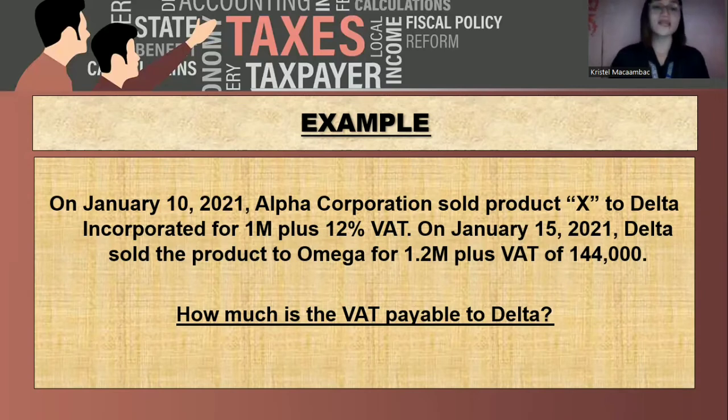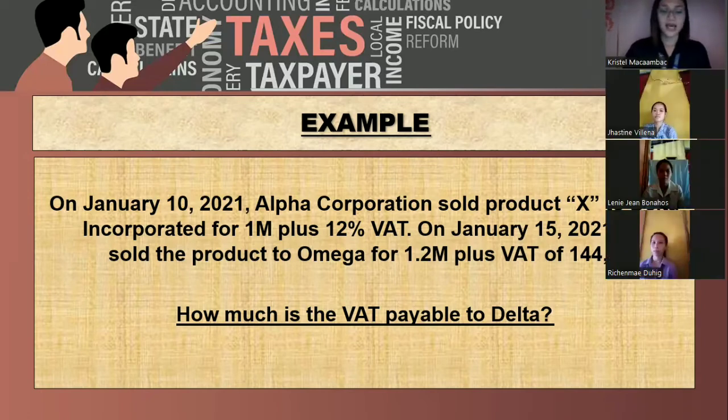For us to identify the VAT payable, we have to consider what is the output VAT, what is the input VAT, and get the difference of the two. Be reminded that when we say output VAT, we're talking about the sales. If we say input VAT, we are talking about the purchases.